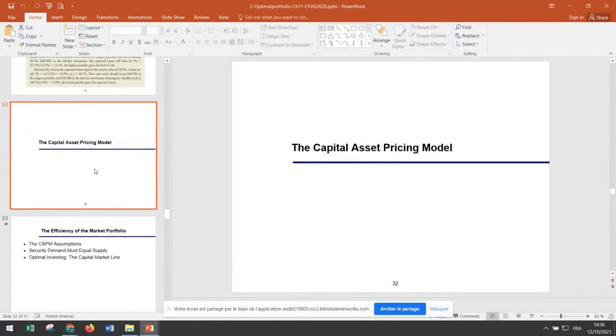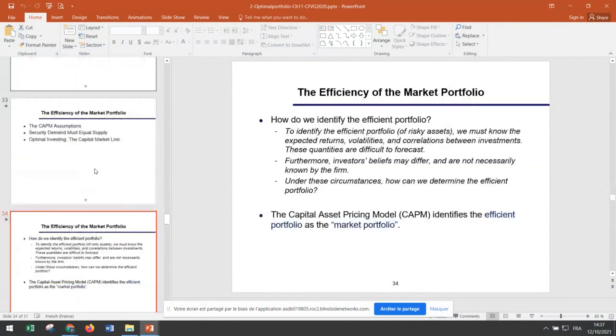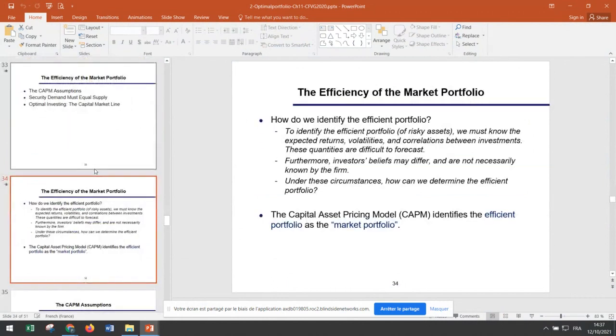So there are some assumptions that we're not going to talk about here. The most important and key element is that the CAPM identifies the efficient portfolio as the market portfolio.